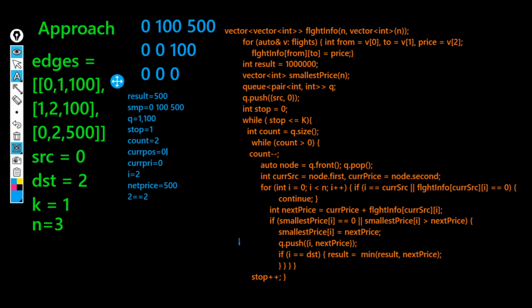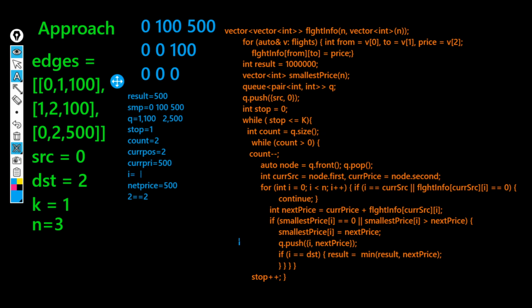So the current position: first of all, in the queue we have 2 elements, 2,500 and 1,500. So first 2,500 will be popped. For 2,500, the current position is 2 and the price is 500.